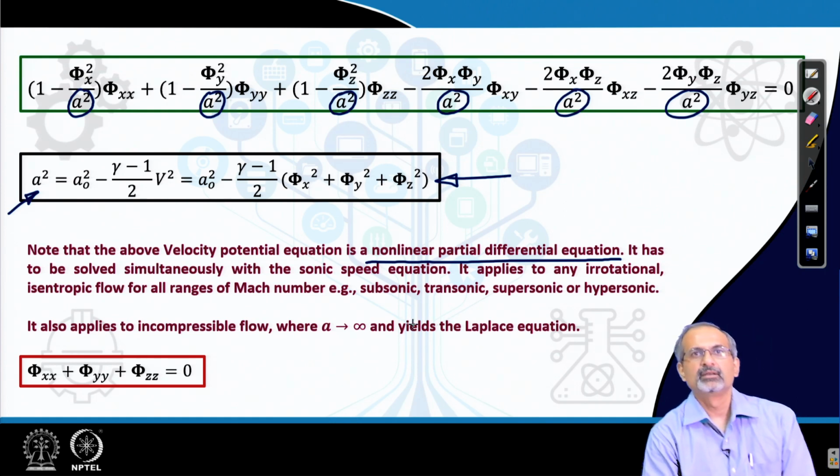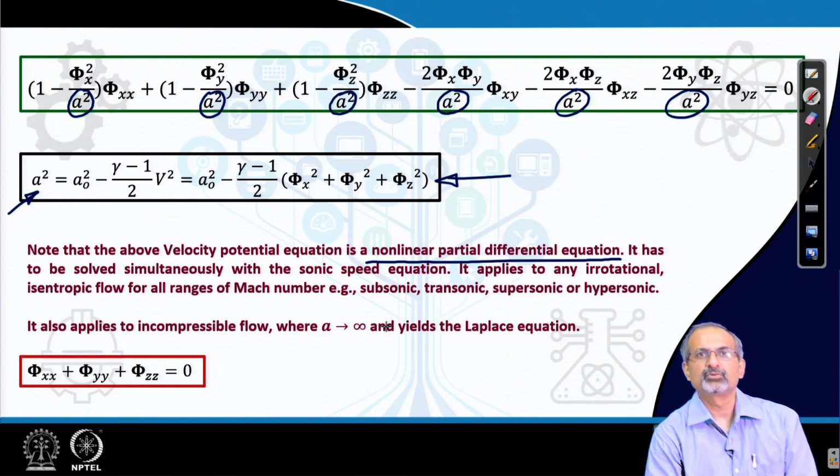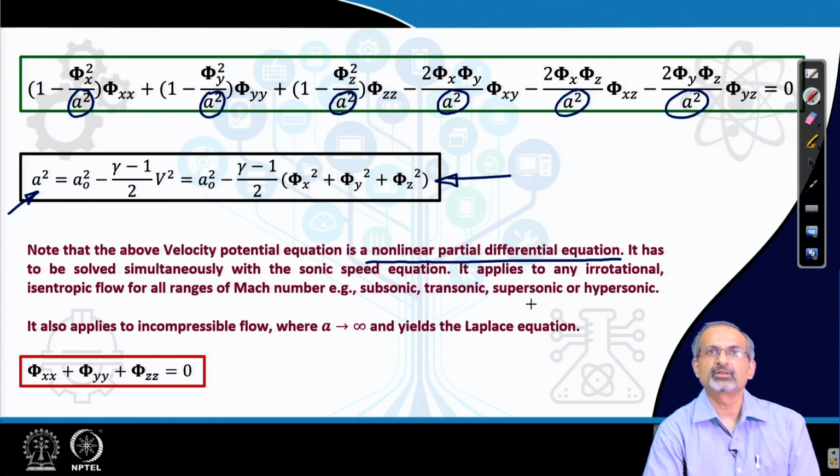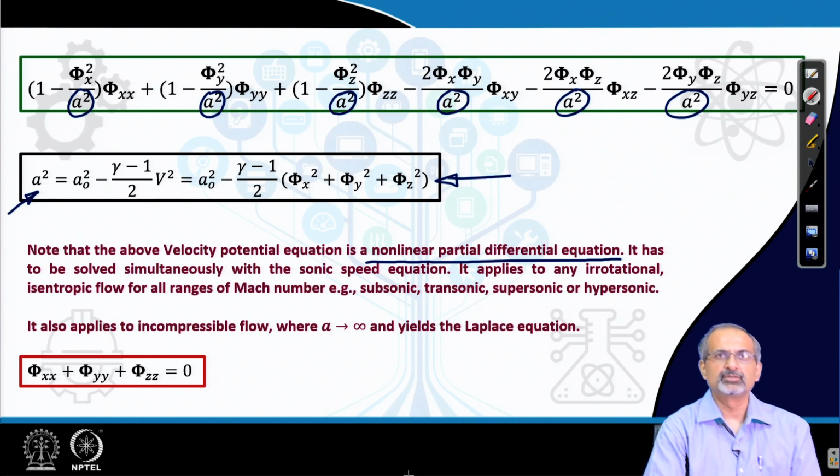So, it is not confined to any specific Mach number, you can apply it to subsonic, transonic, supersonic or hypersonic ranges. But you have to be careful whether under a particular flow situation the irrotationality and isentropic nature of the flow field is at stake. Accordingly, it has to be applied only to irrotational and isentropic situations alone.